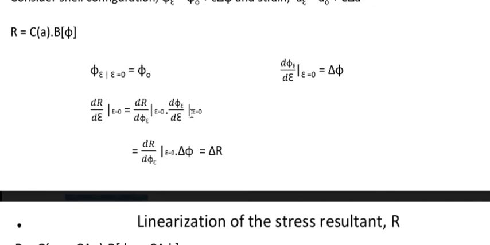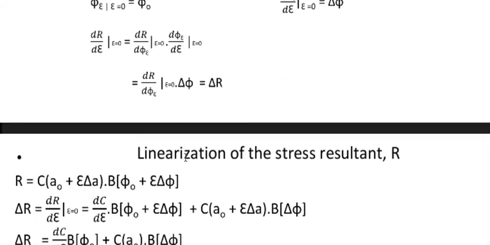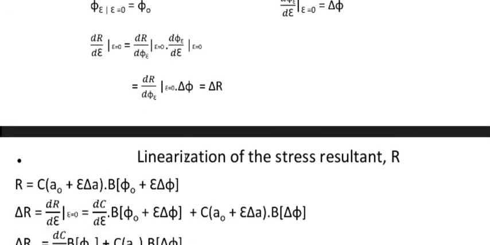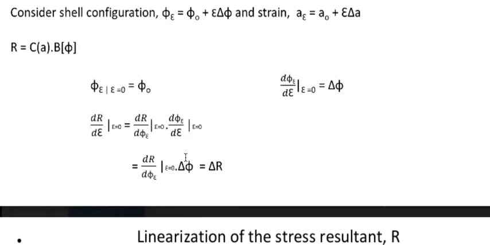So this can be written as dR by d phi epsilon dotted with d phi epsilon by d epsilon, both at epsilon equal to 0. So this term becomes capital delta phi, and this term becomes dR by d phi epsilon. So delta R becomes dR by d phi epsilon times delta phi.